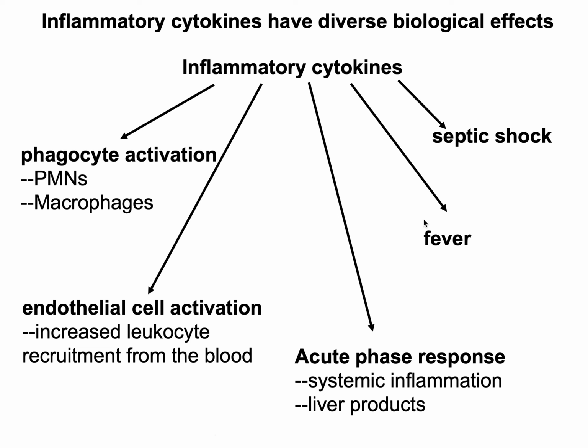What we'll talk about briefly today is that inflammatory cytokines can also have systemic effects, including the production of a variety of systemic inflammatory markers and mediators referred to as the acute phase response, the induction of fever, and in pathologic conditions, the induction of septic shock.